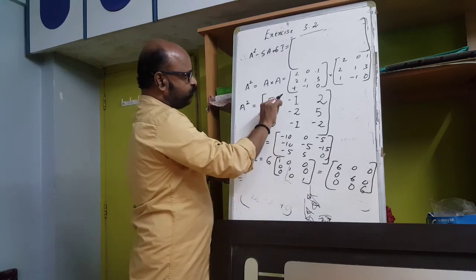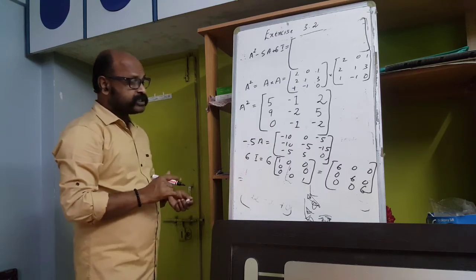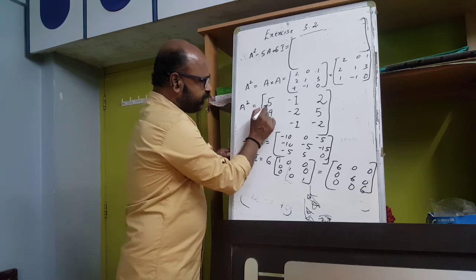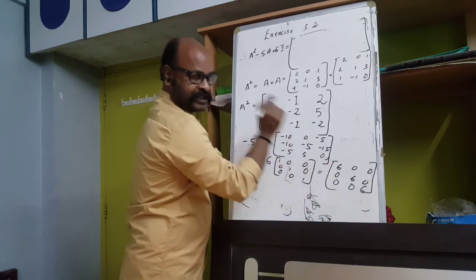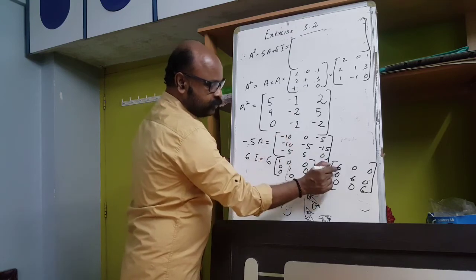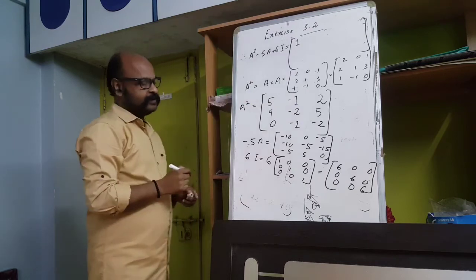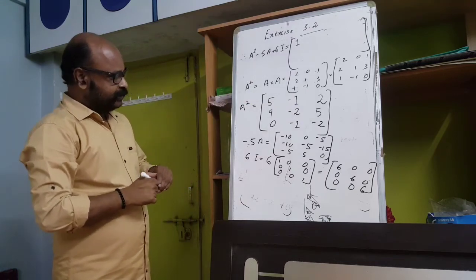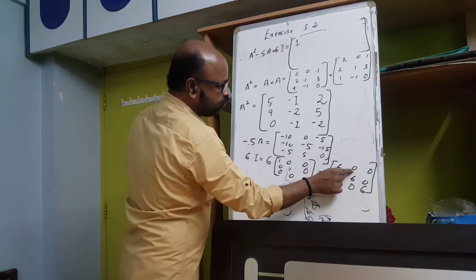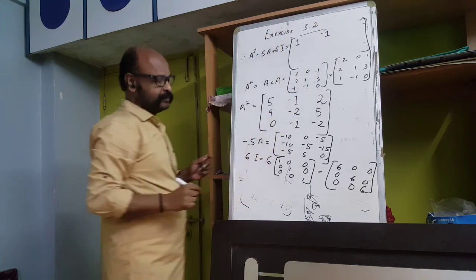So what will come? 5. We are not writing the elements separately, doing the simplification directly. So 5 minus 10 plus 6. So 5 minus 10, that is minus 5 plus 6. So it comes as 1. Clear? Okay, then minus 1 plus 0 plus 0, that is minus 1.